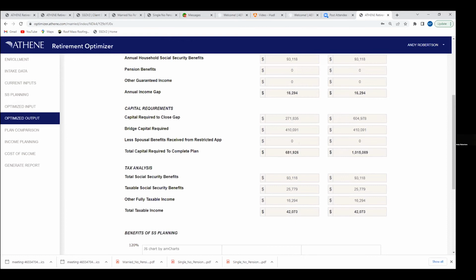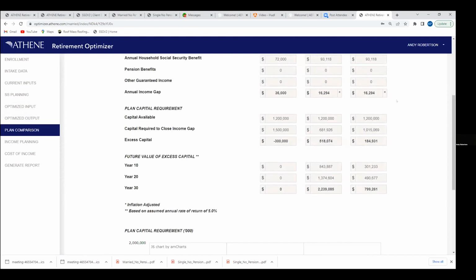If I use an asset optimization approach, I need 681,926. It's a game changer. Tax efficiency is the same. So simply by taking a different approach and leveraging all the tools in the retirement income planning toolbox, we deliver the retirement income plan for considerably less capital.